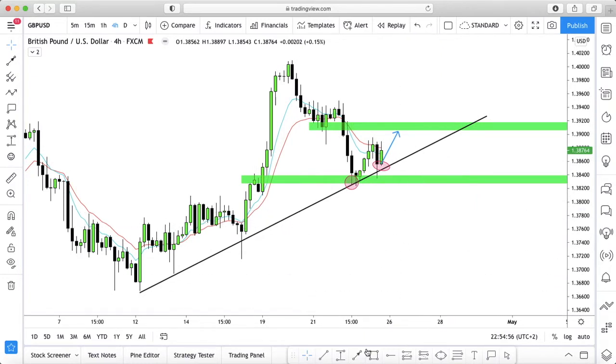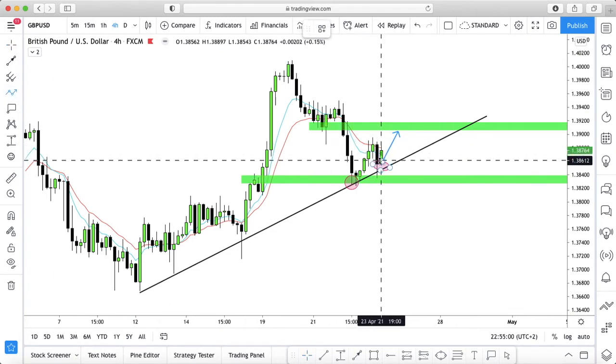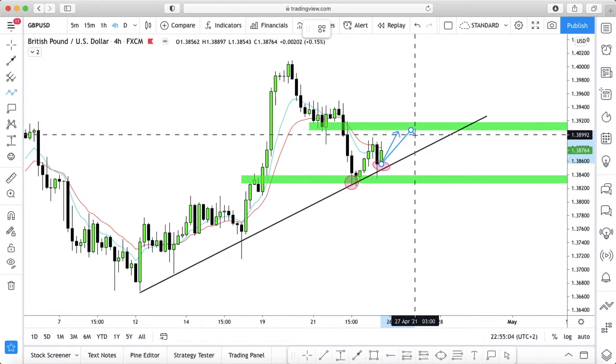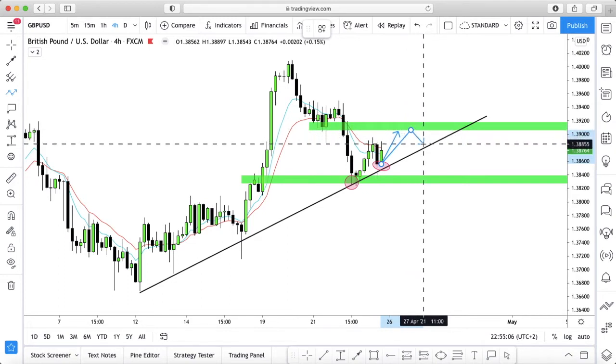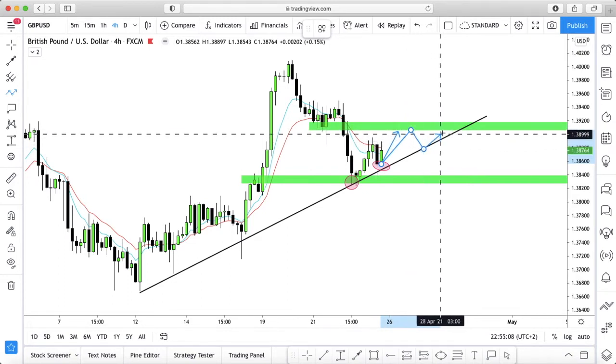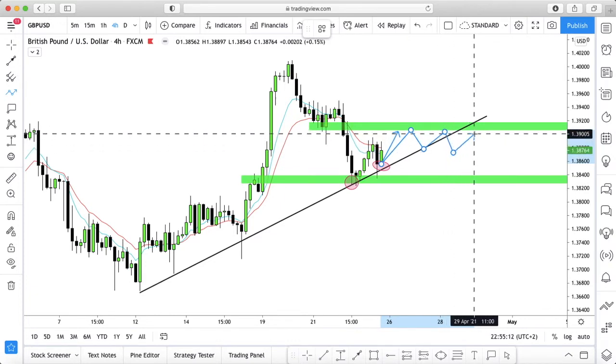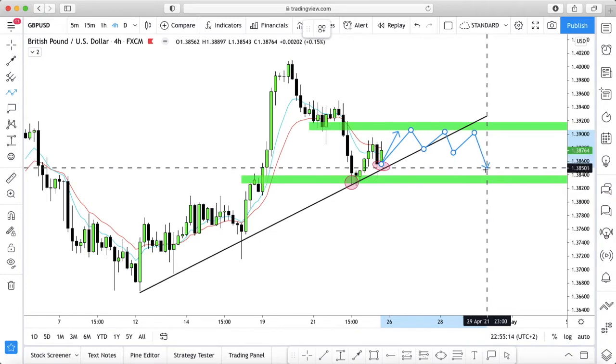I just want to see what happens when markets open, because what we could see potentially is price coming to this area, retesting the trend line, coming again to this area, and then finally breaking. And if I get something like this, then I will be looking to take a sell.